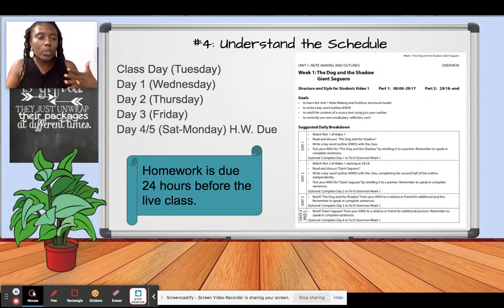Now, most of the time students will finish up on day 4, but if you need the 5th day, they have it. So for students who are on day 4, 5, they would have Saturday, Sunday, or Monday to complete whatever is listed under day 4, 5. But keep in mind that homework is due 24 hours before the live class.